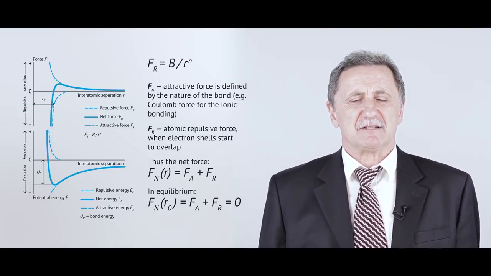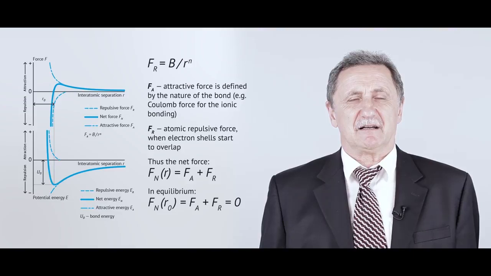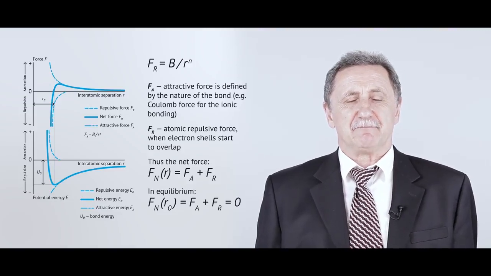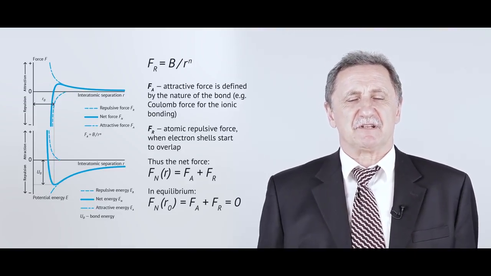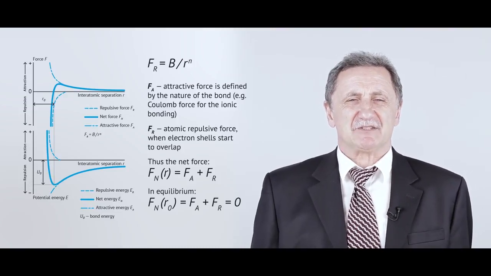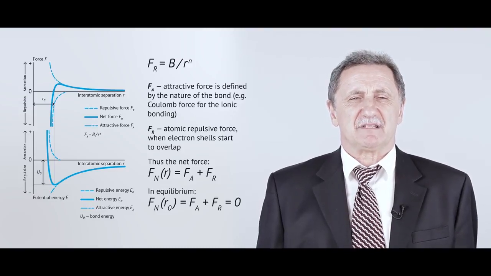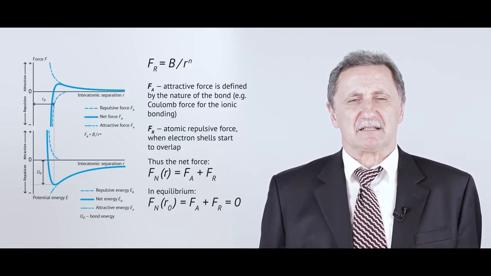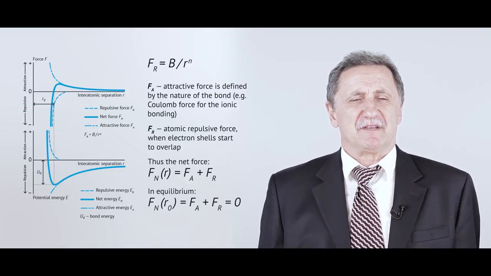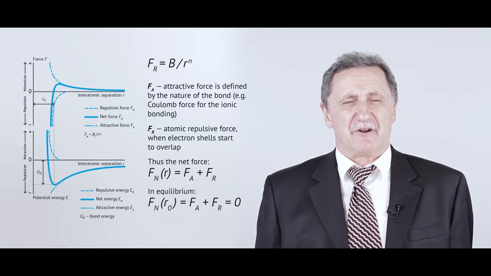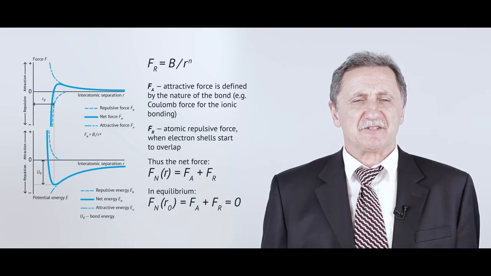This force is inversely proportional to the 8th or even the 9th power of the distance. So it plays its role only when the distance between the two atoms is very small. However, it is very strong.